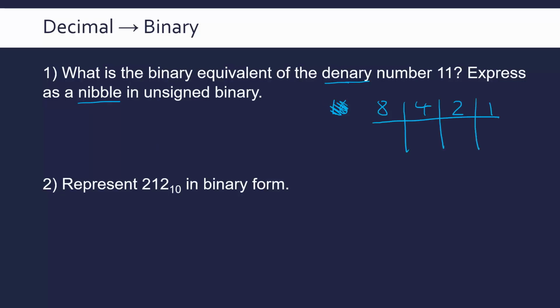The next step is to start with the far left column and see how many times it fits into your target number. So the MSB digit here we're looking at, well, 8 goes into 11 one time, but with a remainder. That's because 11 divided by 8 is going to be 1 point something.